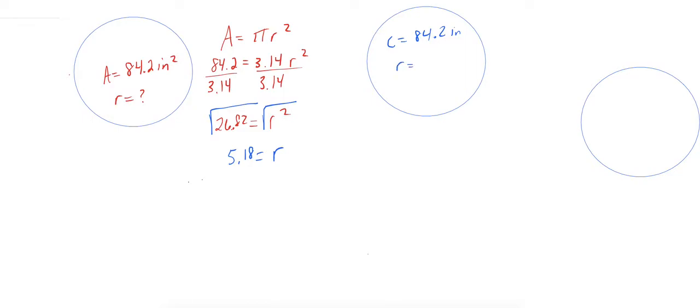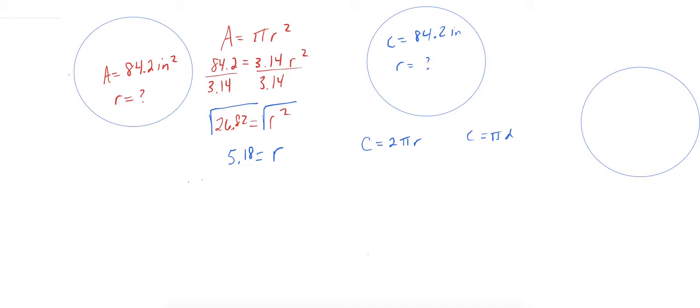So again, I'm going to use the formula for circumference. I can choose circumference equals 2 pi r, or circumference equals pi times diameter. It doesn't matter which one you use. Since we're looking for radius, I'm going to use the r.